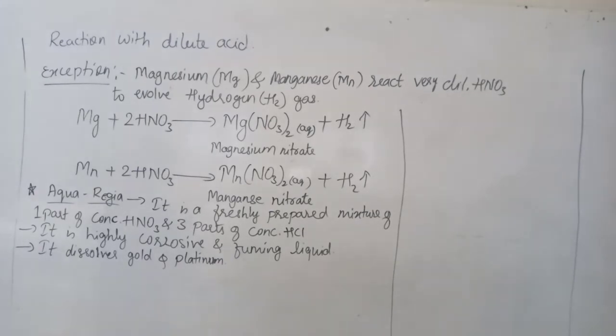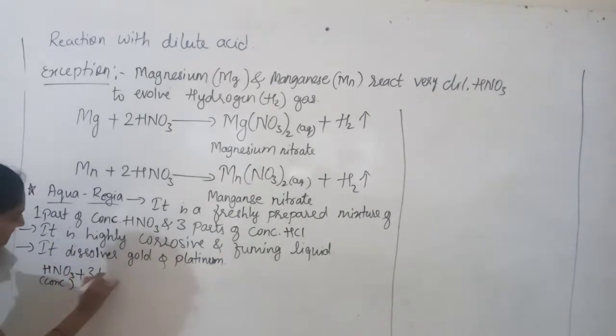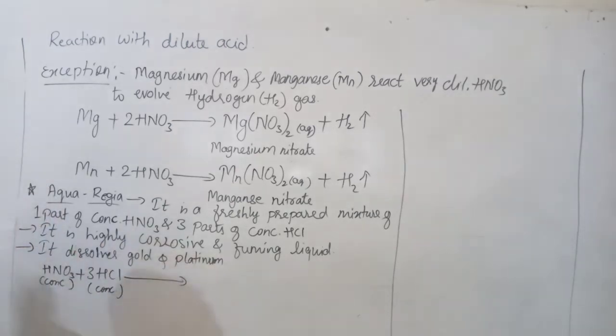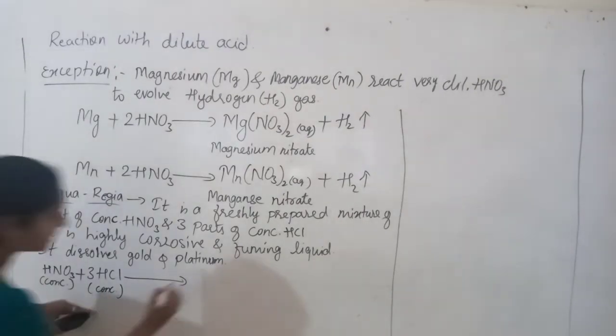How does that reaction go? So write down concentrated HNO3, 1 part, plus 3 parts of HCl, that is also concentrated. Then it is going to form nitrosyl chloride, NOCl.